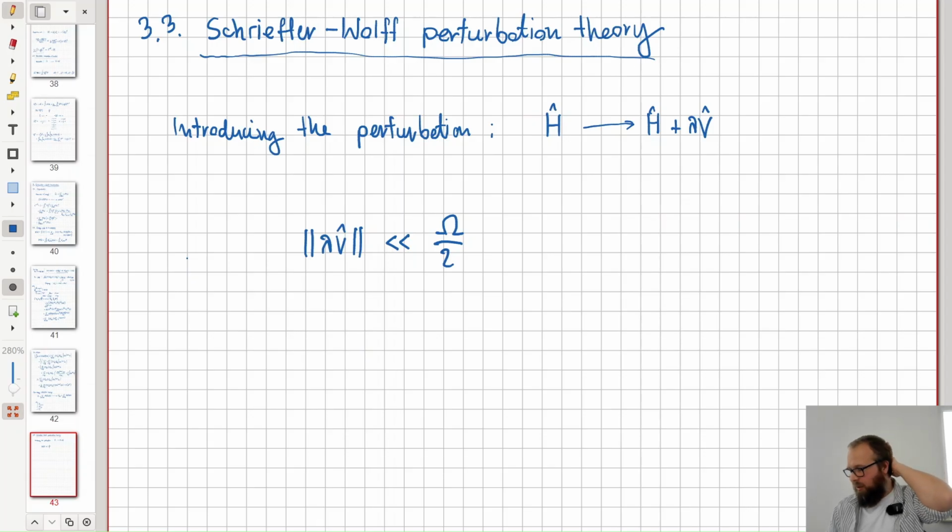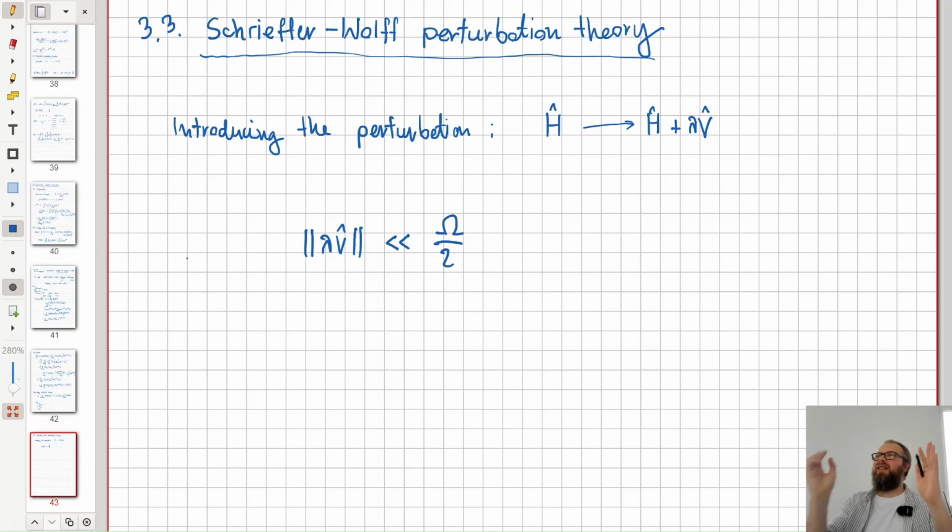Why does this argument work? Because we have a Hamiltonian, and it has a spectrum, eigenvalues. If you add something to the Hamiltonian, like this V, the new, perturbed Hamiltonian will have its spectrum as well.